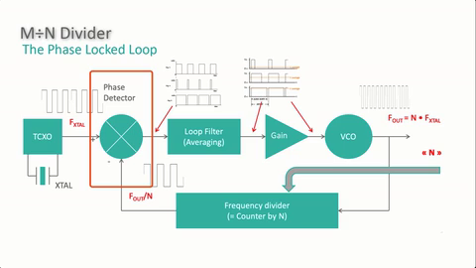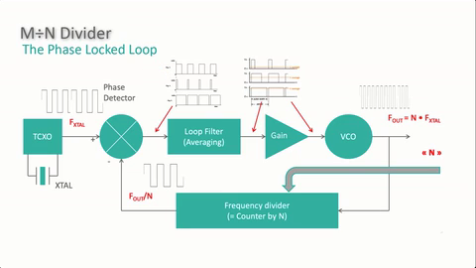Now, not all phase detectors generate 0 volts at 0 phase difference. Now in this case, the phase detector produces a 50% duty cycle waveform when the divided VCO frequency and the crystal oscillator have the same frequency but are exactly 90 degrees out of phase.